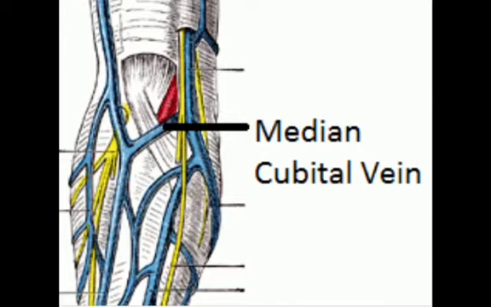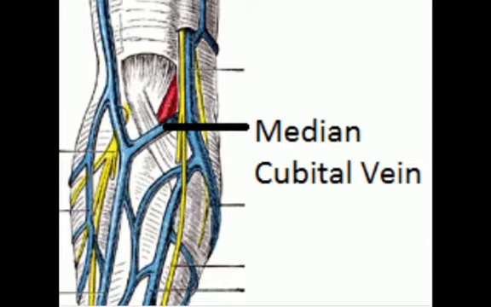Venipuncture sampling is the most common way to collect blood from adult patients. Collection takes place from a superficial vein in the upper limb, generally the median cubital vein, as shown in the image. This vein is close to the skin and does not have many large nerves positioned close by.